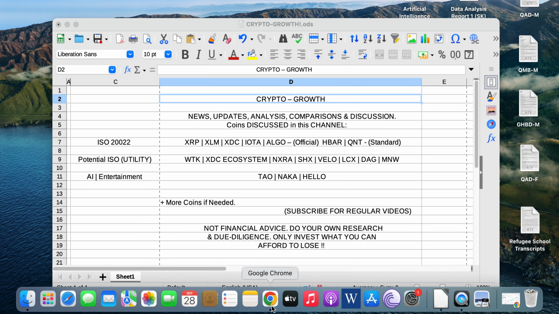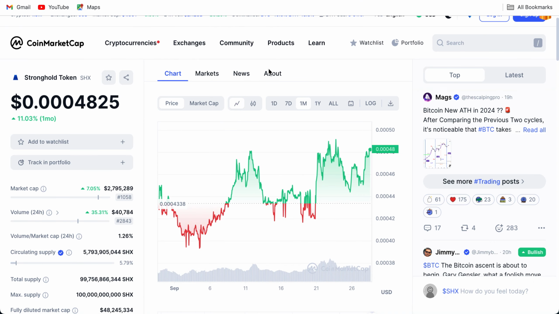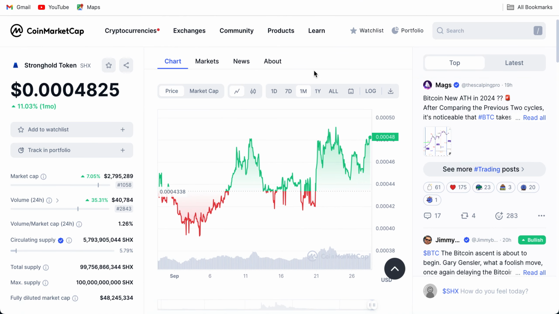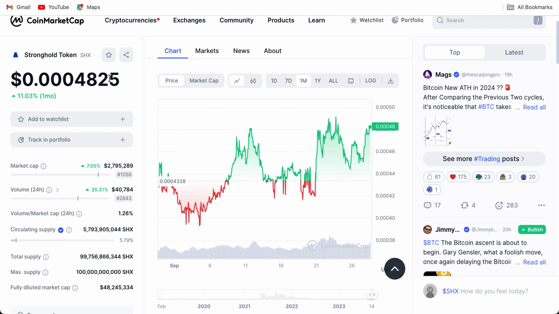So let us begin with the price of SHX in real time. In the current market, one SHX is priced at $0.0004825.